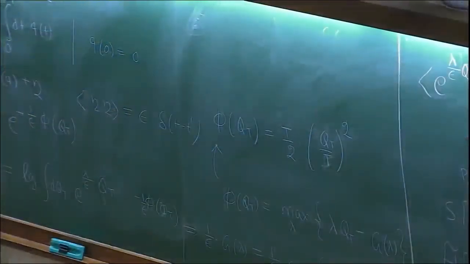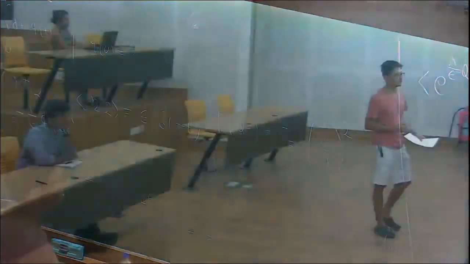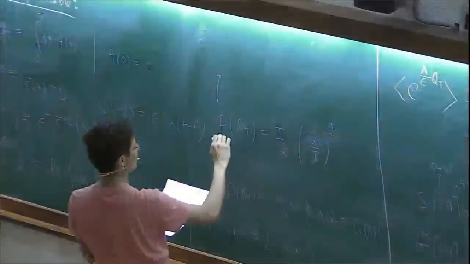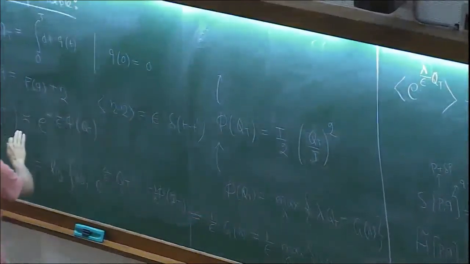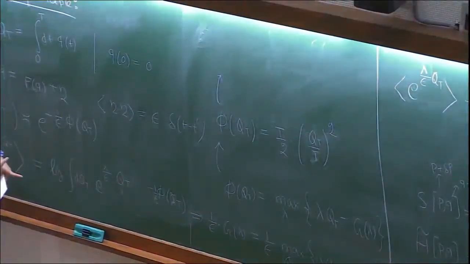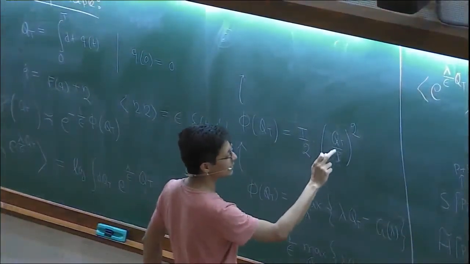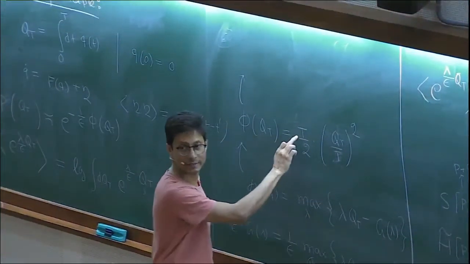So what I'm now going to do is write this large deviation form in a slightly different way, because I see that it is a function of qt by t if I have the prefactor t.